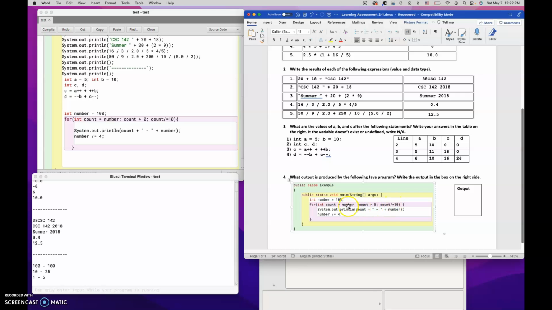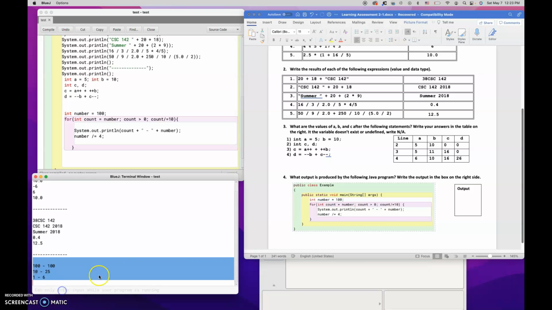And for the number, we have 25 from the result divided by 4, right? Because we got 25 and divide by 4, which is 6 point something. Since it's an integer it will be 6, so the count will be 1 and the number will be 6. And this is the result the program produces.